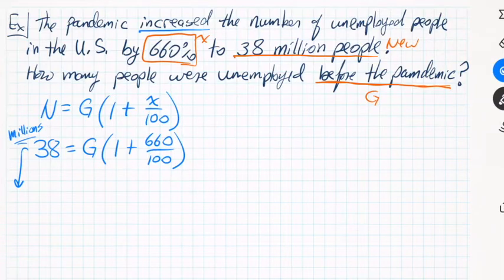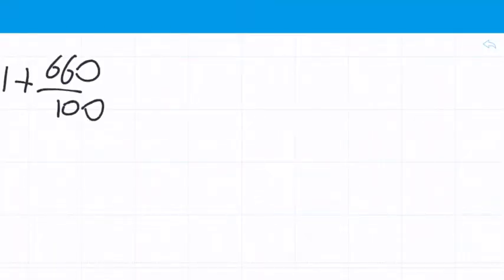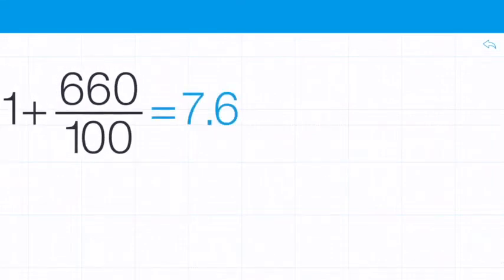So the first thing I need to do is, well, there's numbers on both sides, so this is not a straight calculator type question. I'm going to have to simplify the number next to G. So in a calculator, I'm going to have to type in 1 plus 660 divided by 100. So 1 plus 660 divided by 100, 7.6.